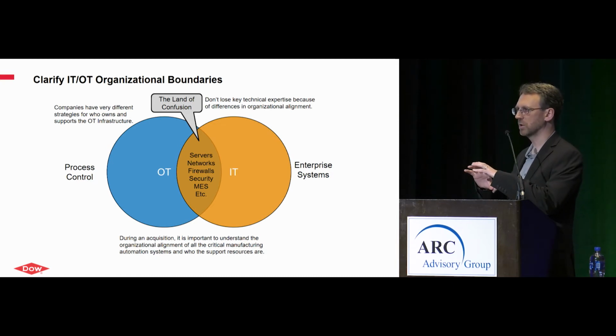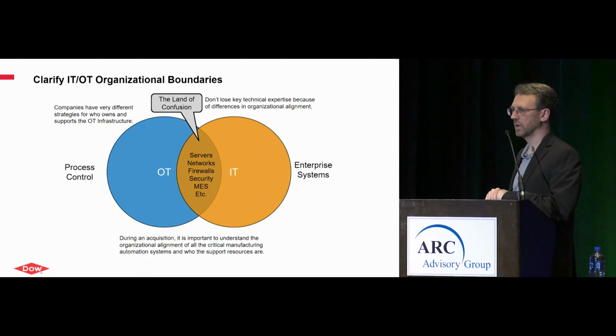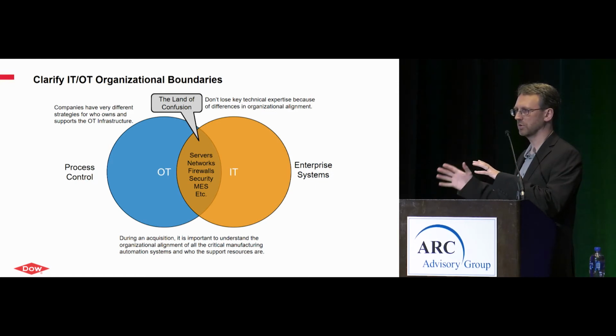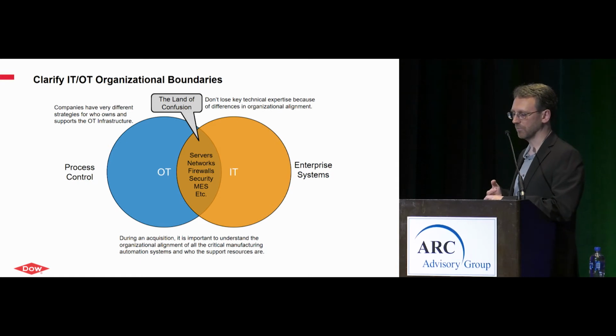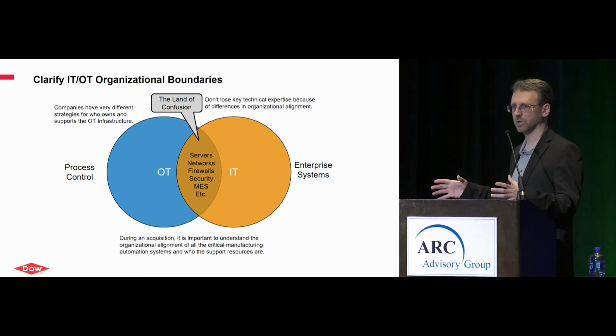Dow Corning had a manufacturing automation organization that was cross-functional, and it did a lot of the IT support, the servers, the networks, the process control, and all the MES support. Whereas in Dow, we probably had 6 or 7 different groups that managed all of that space.